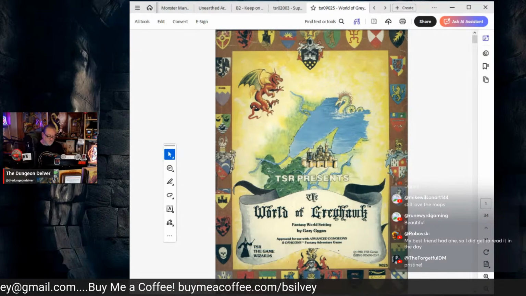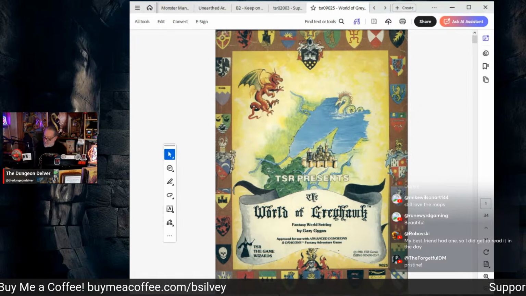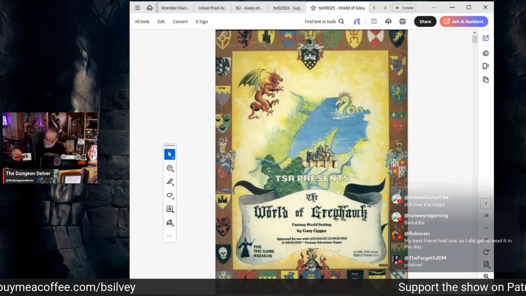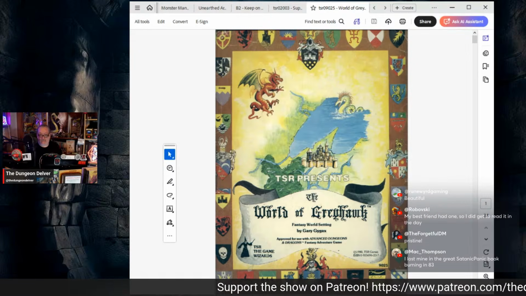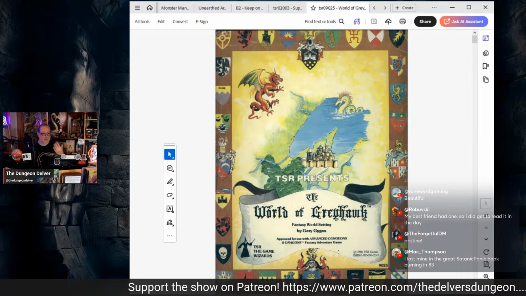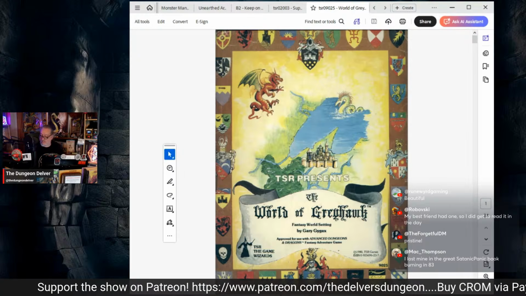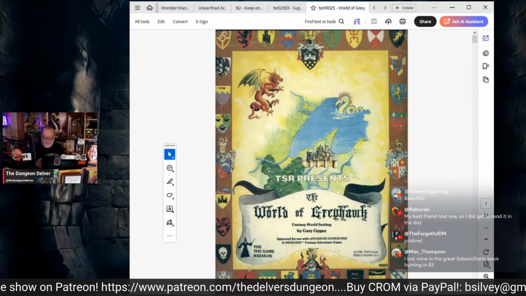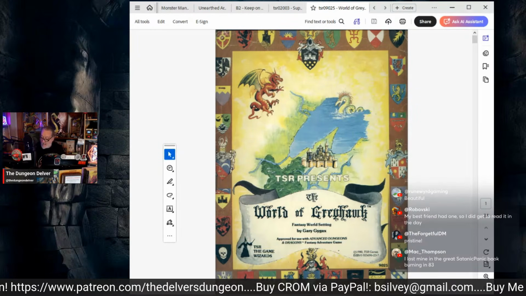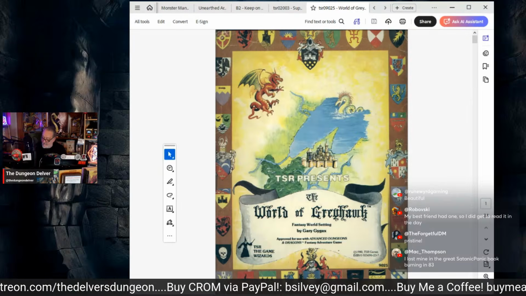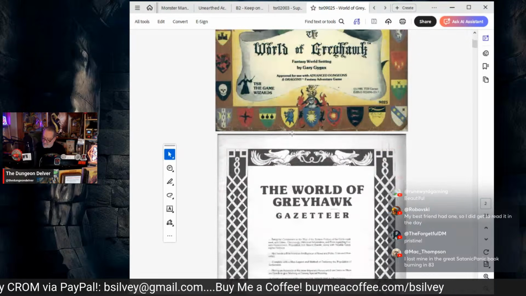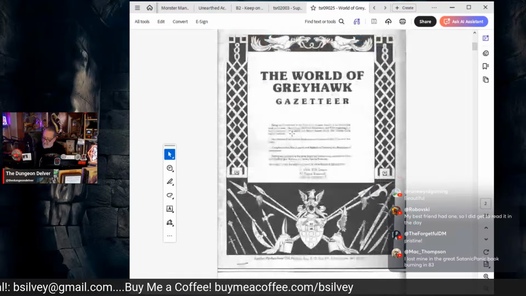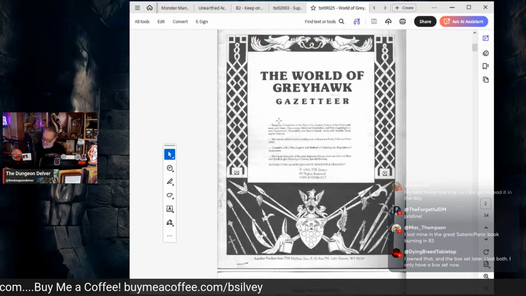So this is what we got in 1980. And all of that nonsense about we have no lore, we have no idea, we're just getting it in dribs and drabs, all that goes out the door, because now we have this beautiful folder, and inside, the World of Greyhawk Gazetteer.